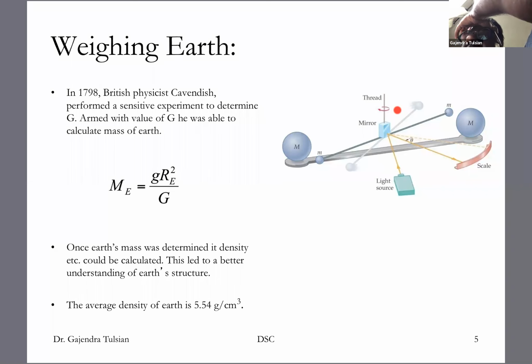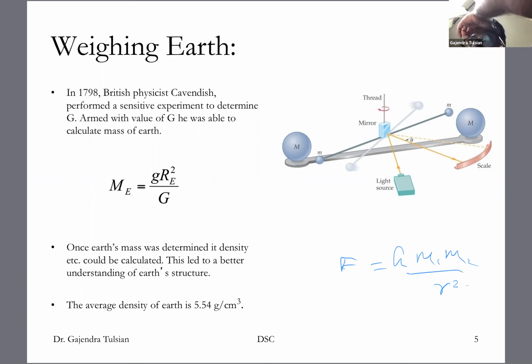When the wire twists through a certain angle, theta, Mr. Cavendish had measured the torques that come into play in the wire relating to the angle theta. You can treat this as a torsional pendulum and find the torsion constant. From that he could calculate the force being exerted.